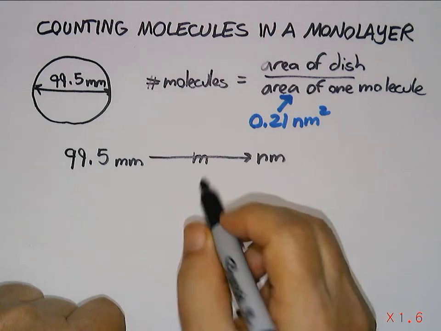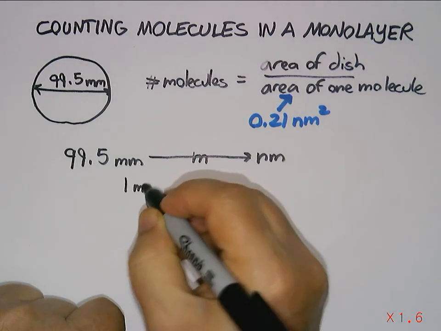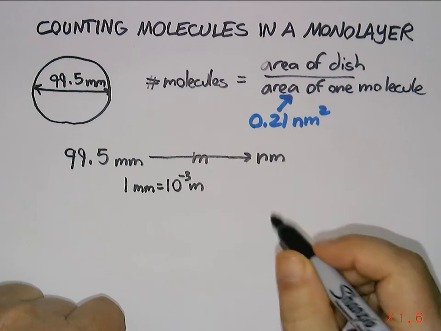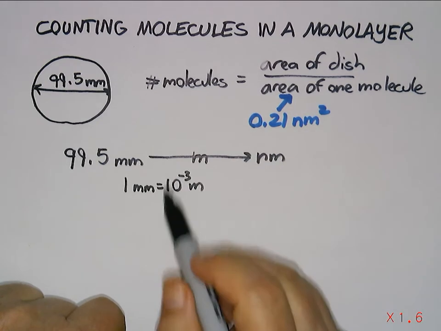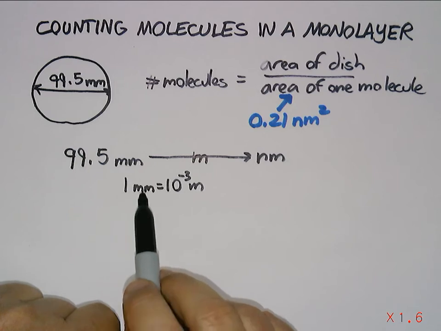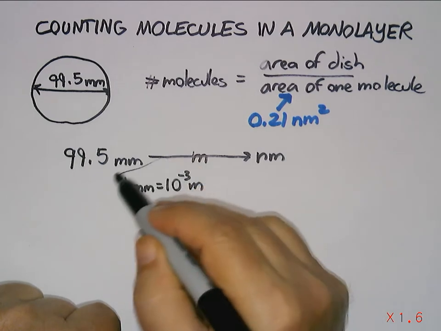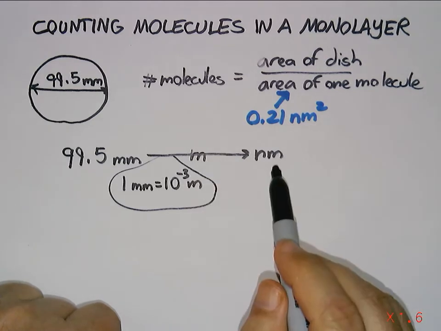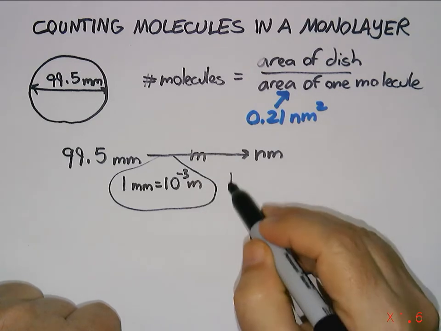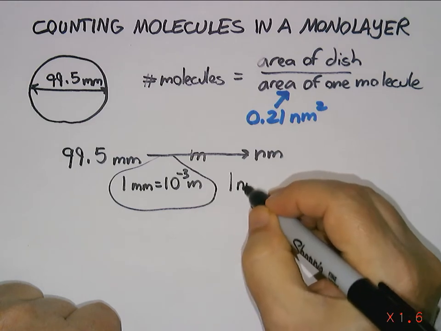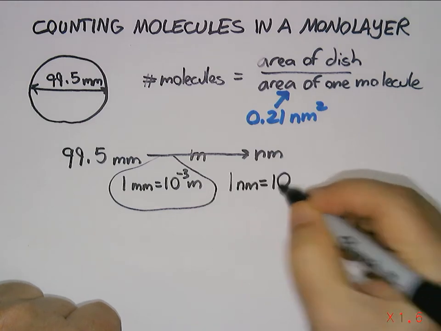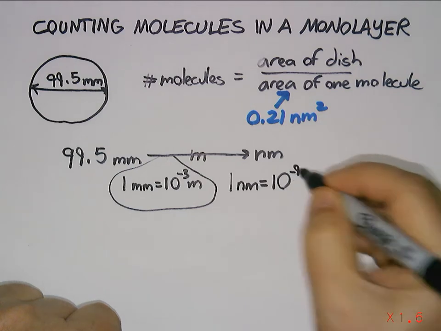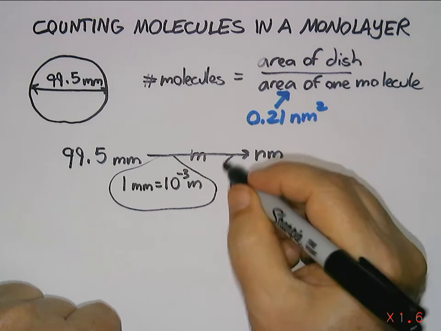You know the relationship here. I'm sure to put the power of 10 in the right place if I always put a 1 in front of the thing with the prefix. Okay, and now I've got to go between meters and nanometers. 1 in front of the thing with the prefix equals 10 to the, and I have to know the prefixes. Nano means 10 to the minus 9. You should be able to just rattle those off.